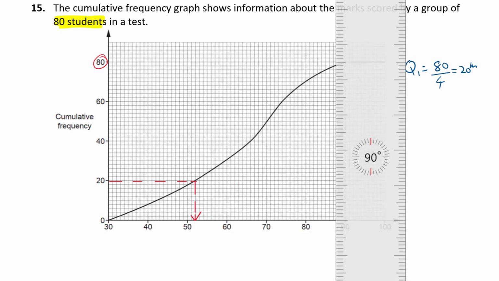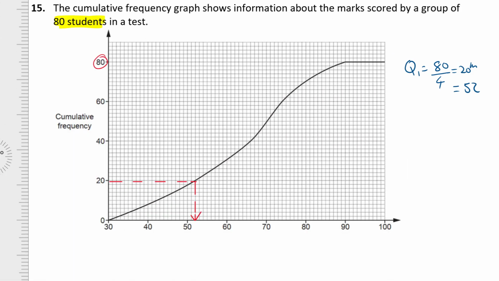Now I read that as 52. There are 10 little divisions between 50 and 60. So I'm saying Q1 is 52. So don't be fooled into thinking you just have to divide by 4 and that's Q1. It just tells you where to find it. 52.